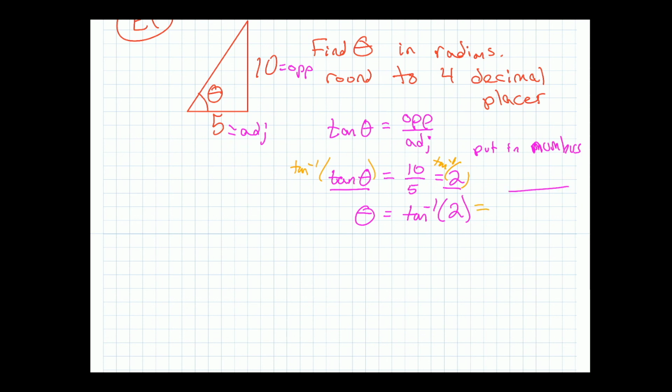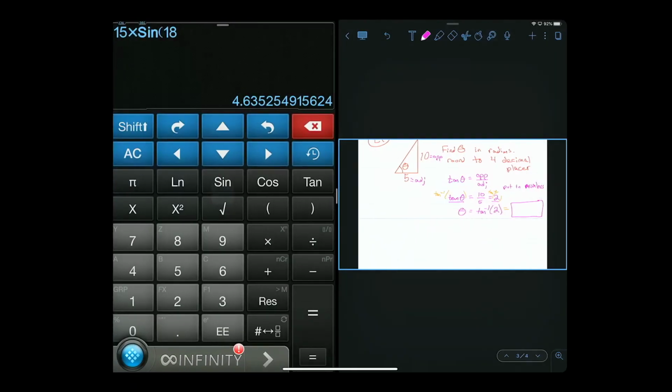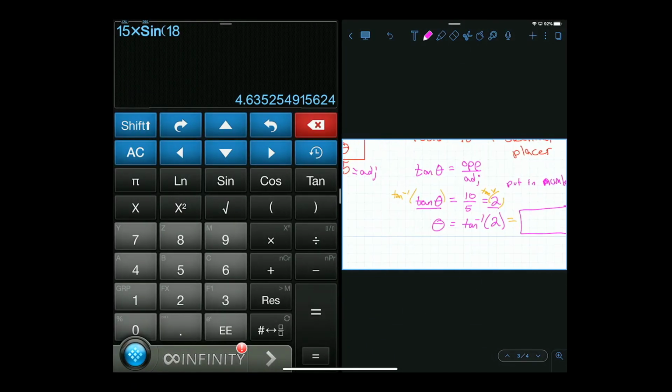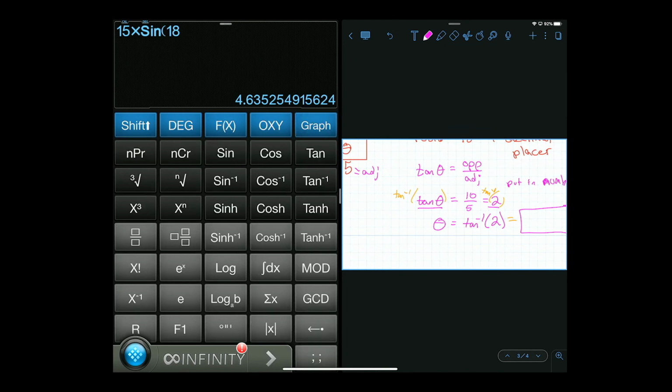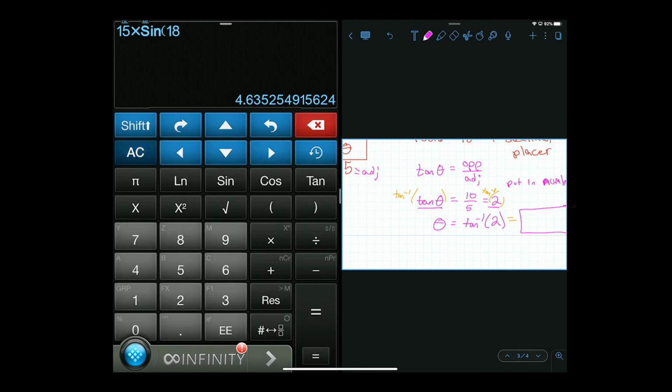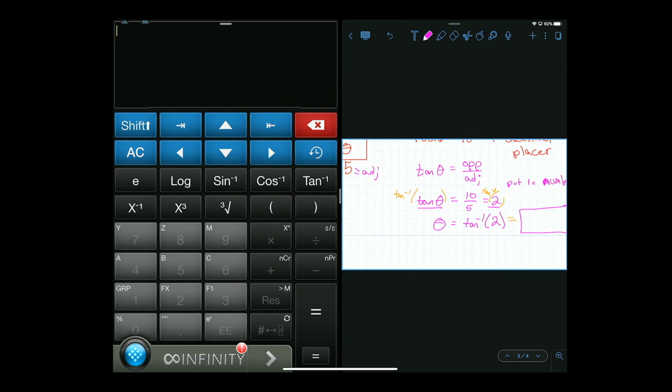All right, 4 decimal places they say. Let's leave some space, and let's try it. So we need a couple of things. Number 1, we need to make sure we are in radian mode because they said radians. So come over here, switch to radians, and clear this out. And we need tangent inverse of 2. So shift tangent inverse 2.